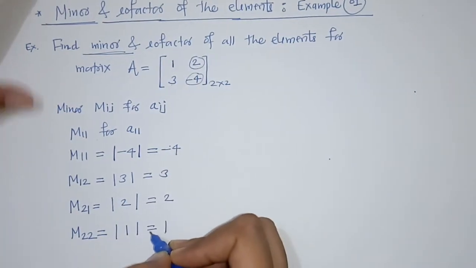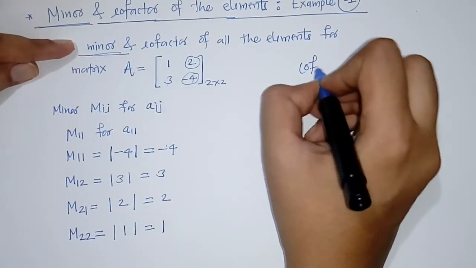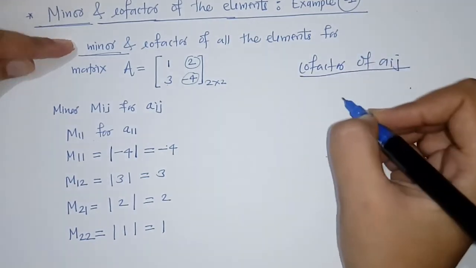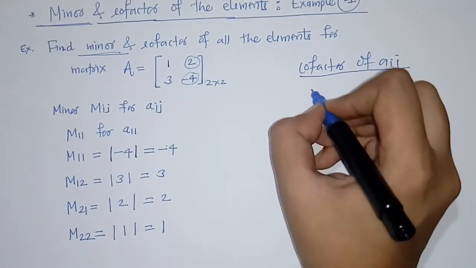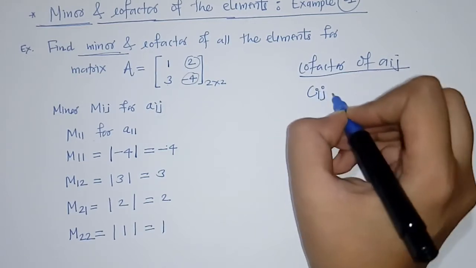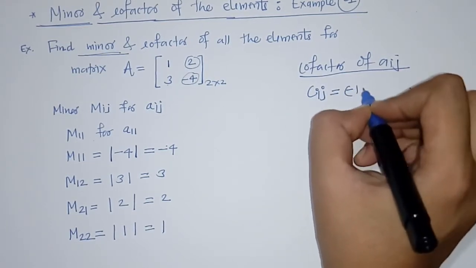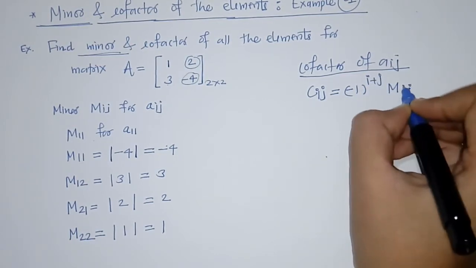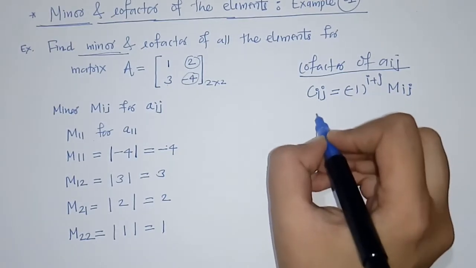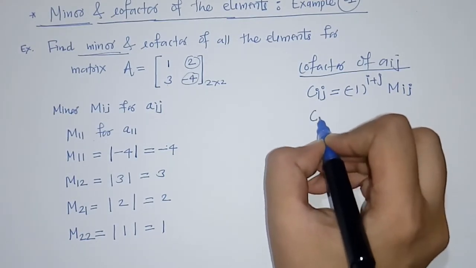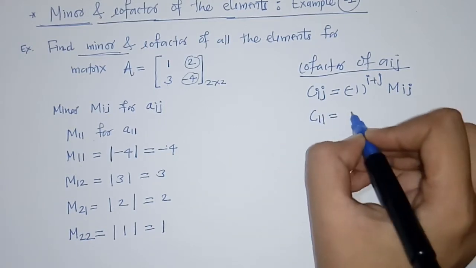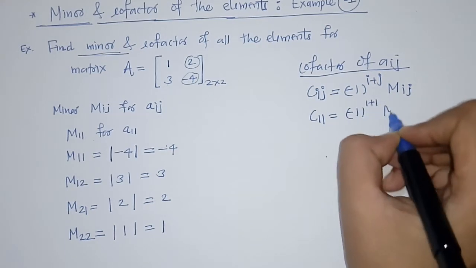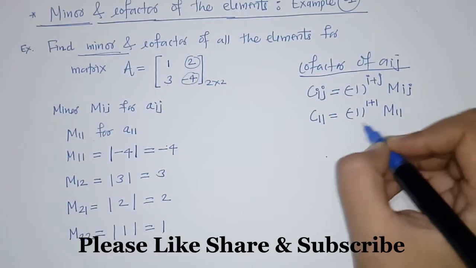Now next we want the cofactor of all elements Aij. We have a formula for cofactor: Cij equals -1 raised to i plus j into the minor of that Aij. If we want the cofactor of the first element, we write C11 equals -1 raised to 1 plus 1 into the minor of that element.